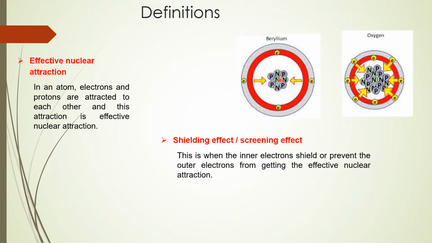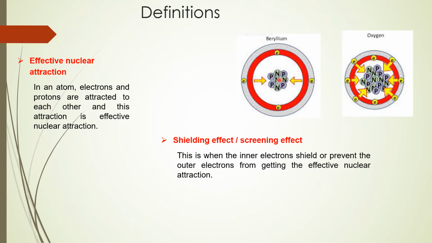When that happens, the inner electrons which are in the inner shell form a barrier, a shield. And that shield will prevent the attraction between the valence electrons and the protons. As a result, the electrons and protons which are not very much attracted to each other are pulled away from each other. So the radius is going to expand, it is going to increase.